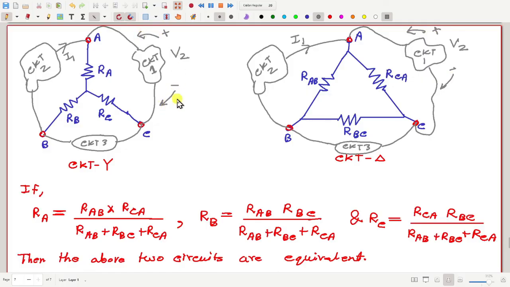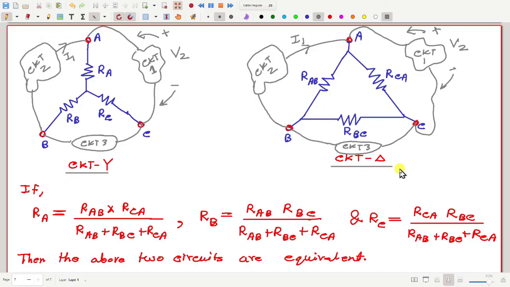So the outside circuits, external circuits, will not be able to see any difference. They will not know whether they are connected to this star circuit or to the delta circuit. So in the external world, no difference can be perceived.